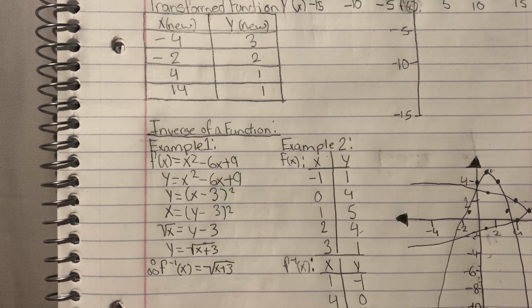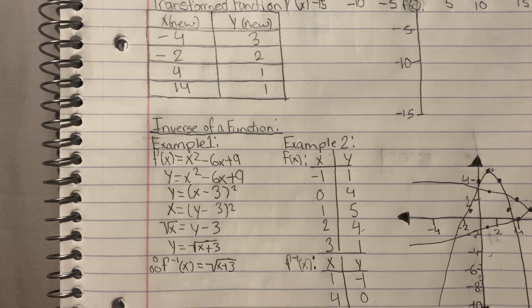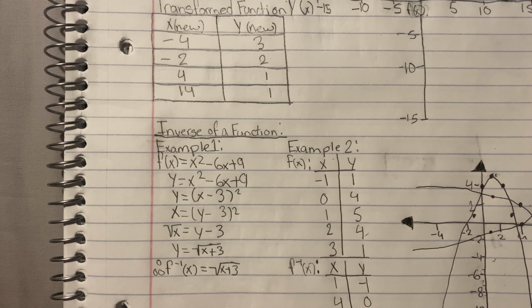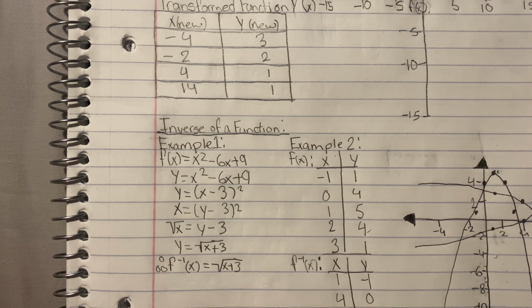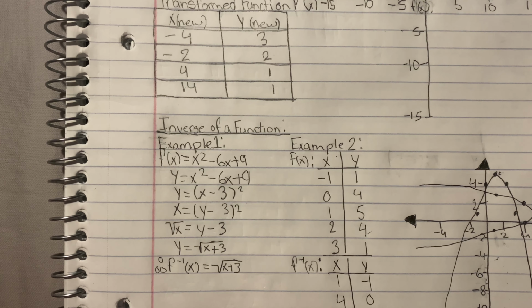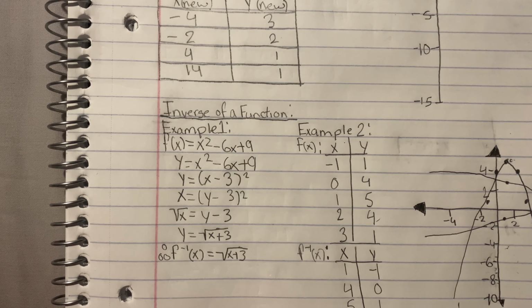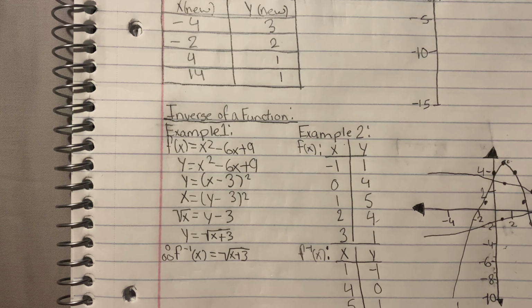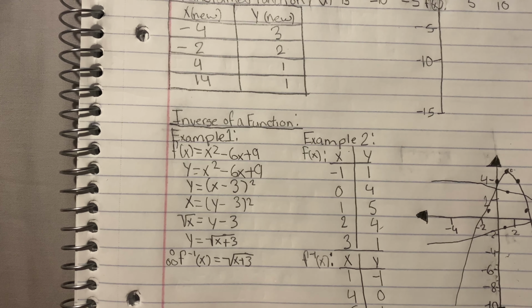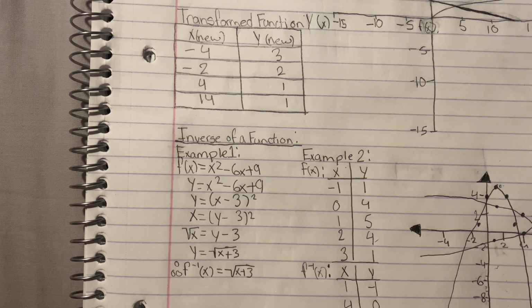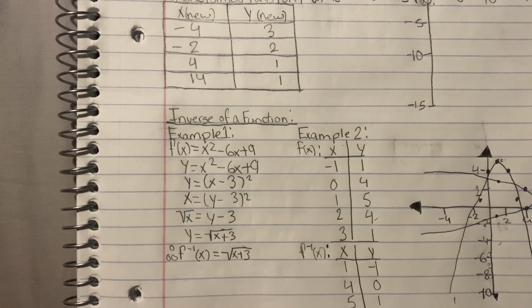Then I factored the equation and I switched the x and the y variables. Afterwards, I continued to isolate for the y. Finally, I replaced the y with an f to the power of negative 1 of x.